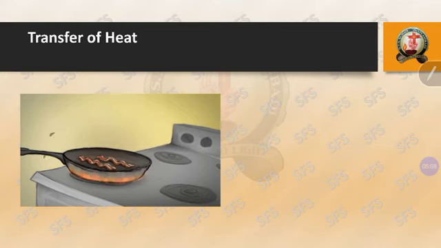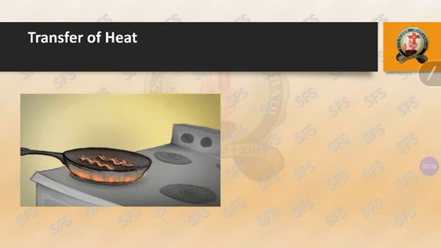When the heat is generated, the heat gets transferred from the stove to the frying pan, right? When you touch the surface of the frying pan, you will feel the hotness of that object. So the frying pan gets hot when the stove transfers heat to the frying pan, or whatever vessel you have kept in the kitchen.